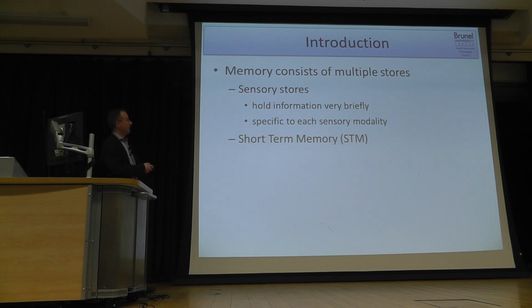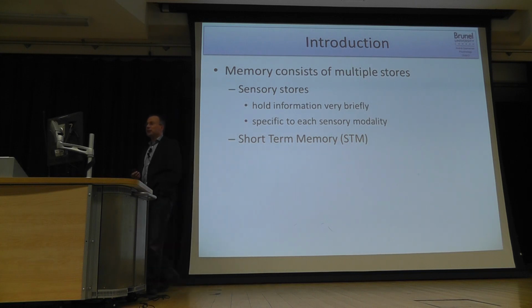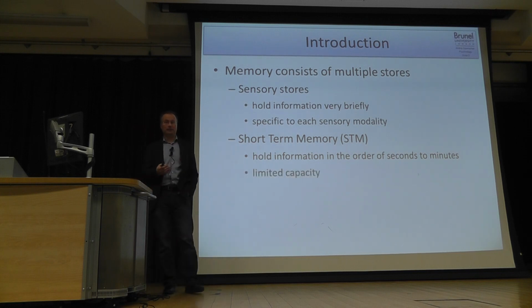Then we have the short-term memory. So information is passed on from the sensory stores to short-term memory. And short-term memory holds information in the order of seconds to minutes. And it is assumed that it has a limited capacity.